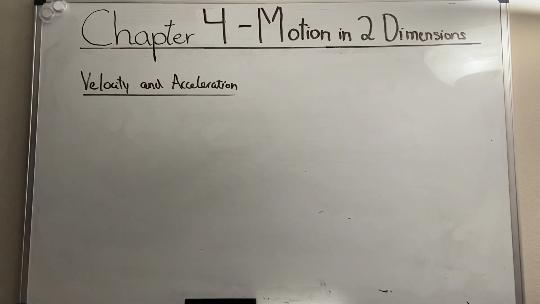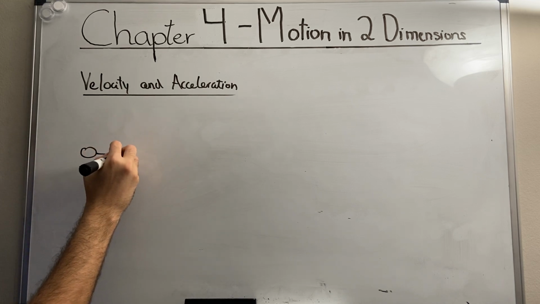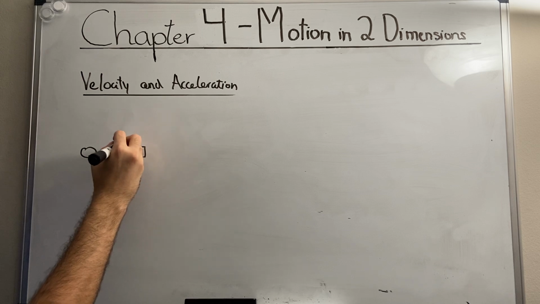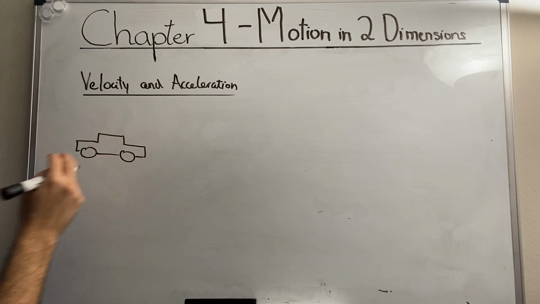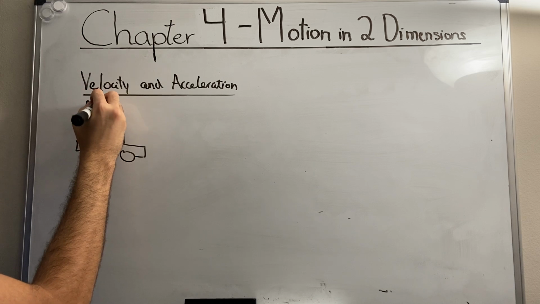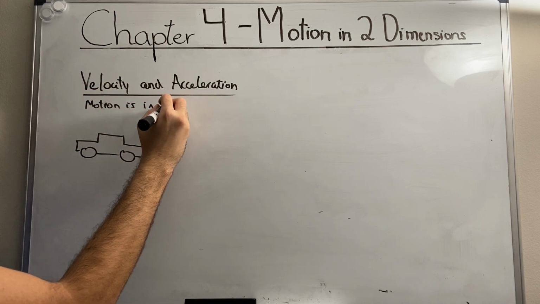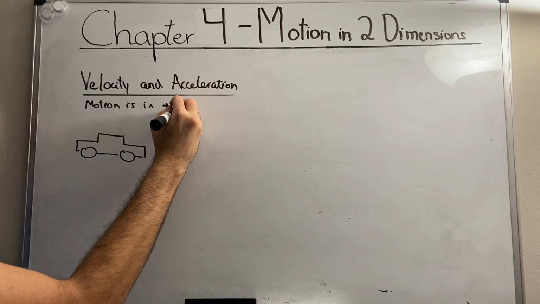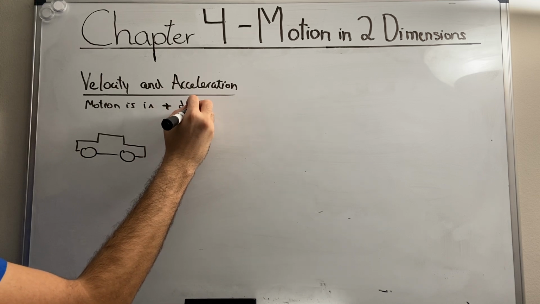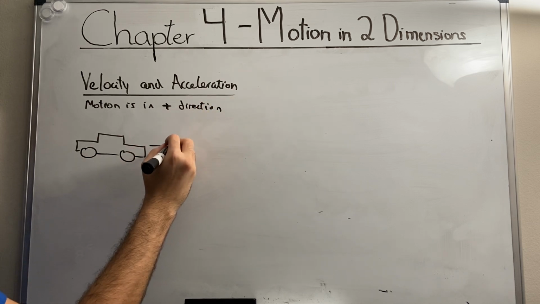So basically, we're going to have four cases. We say we have a car, and imagine that the motion is in the positive direction, so we're heading in this direction.